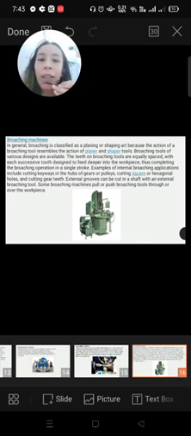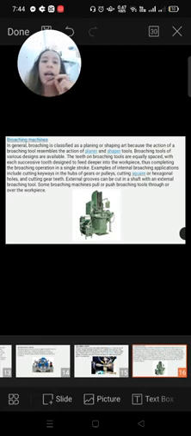In general, broaching is classified as a planing or shaping art because the action of the broaching tool resembles the action of the planer and the shaper tools. Broaching tools of various designs are available. The teeth of broaching tools are equally spaced, with each successive tooth designed to cut deeper into the workpiece, thus completing the broaching operation in a single stroke.